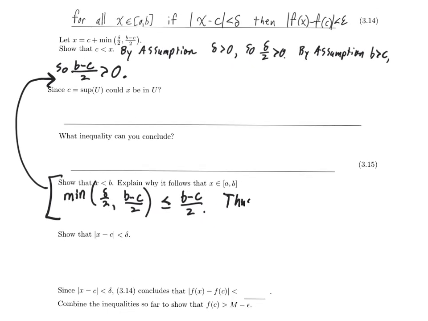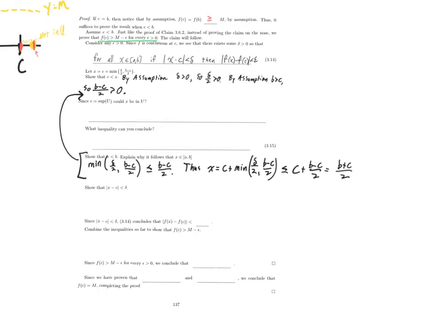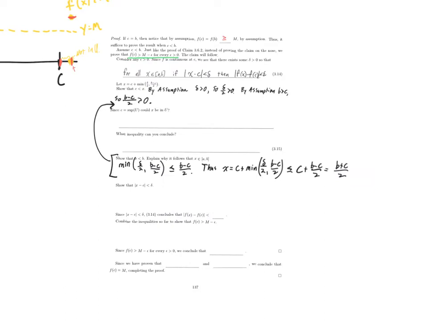Thus, x, which is c plus the min of delta over 2 and b minus c over 2, is less than or equal to c plus b minus c over 2, which you can check on your own, but that's probably something you've checked enough times that it's drilled into your head now.